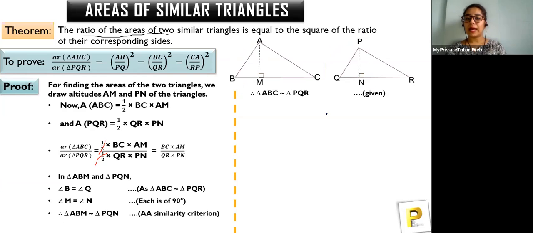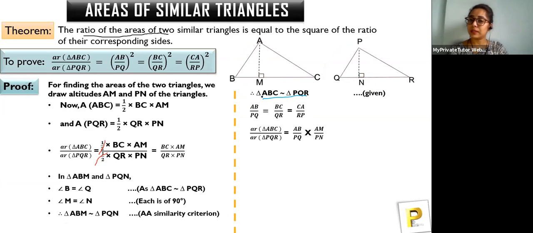Triangle ABC is similar to PQR, which is already given to us. As they are similar, we'll write all the ratios. So area of triangle ABC by area of triangle PQR is equal to AB by PQ into AM.